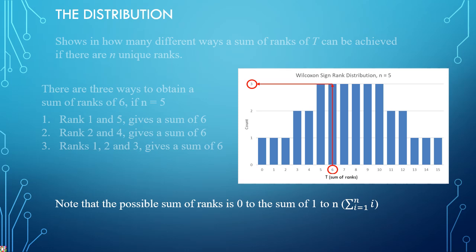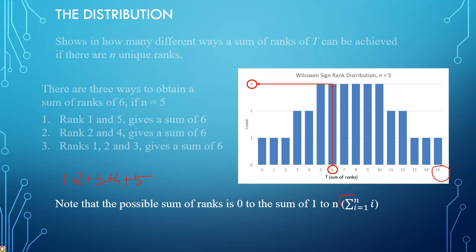So that means in our example 1 plus 2 plus 3 plus 4 plus 5, and that indeed equals that 15 that we see over here at the end of the distribution.